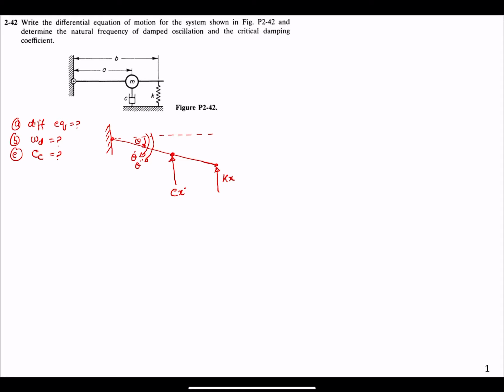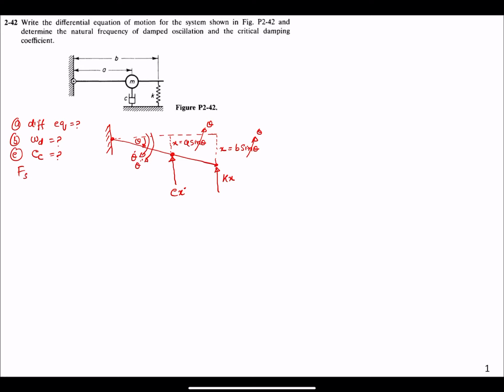Now we know that this is x here, and this x is a, the distance from here to here, so a sine theta, and this will be b sine theta. Now again, because the angle is very small, we can take sine theta equal to theta.